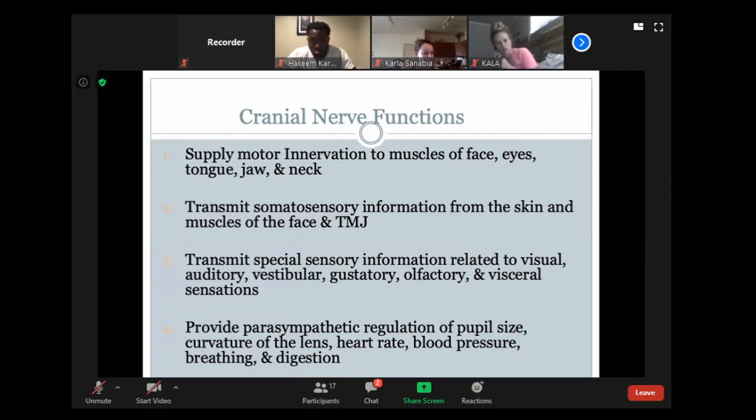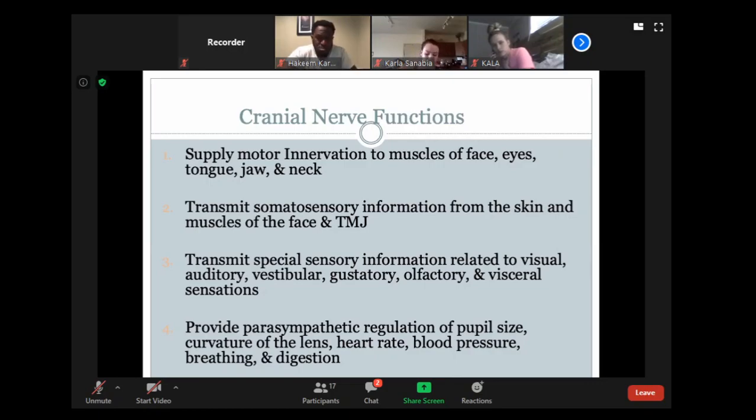Let's see. So cranial nerves, a general description. They're going to supply the motor innervation to the muscles of the face, eyes, tongue, jaw, and neck. Transmit somatosensory information from the skin and muscles of the face and TMJ.